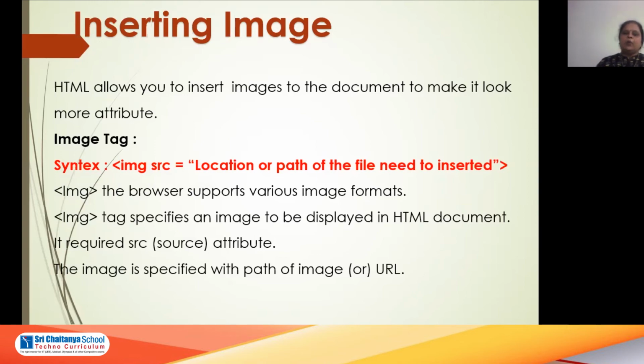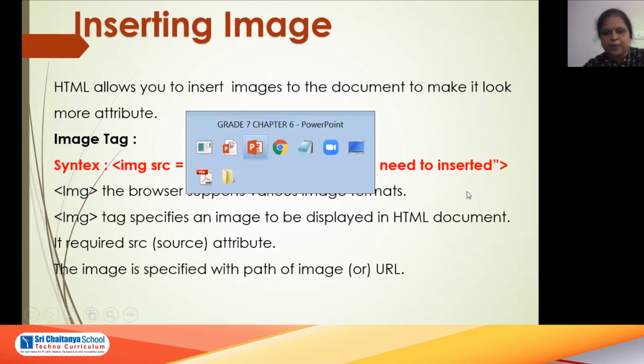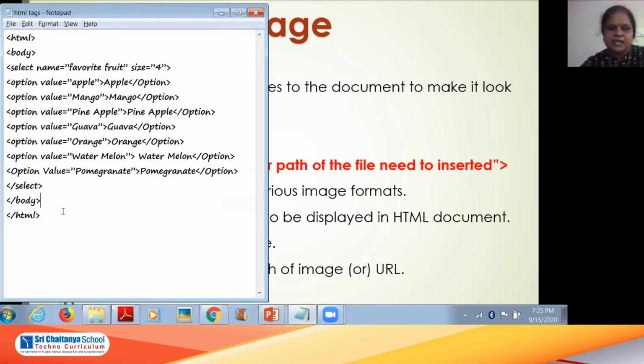Let us see how exactly it works. I'll just go back to my notepad and within the body after select I will write BR to go to the next line. Okay, I will use one more BR to give 2 line spacing, and then I will use IMG SRC is equal to.